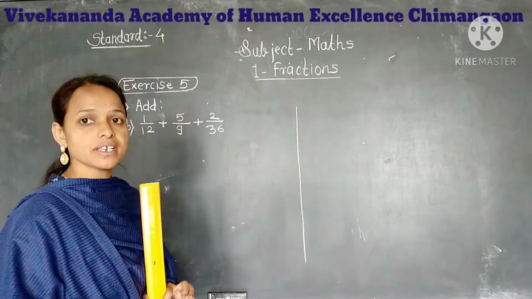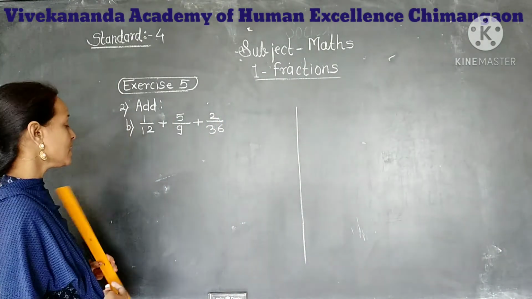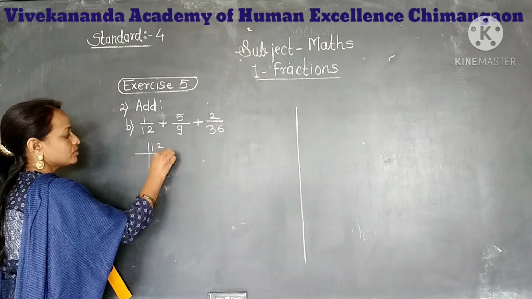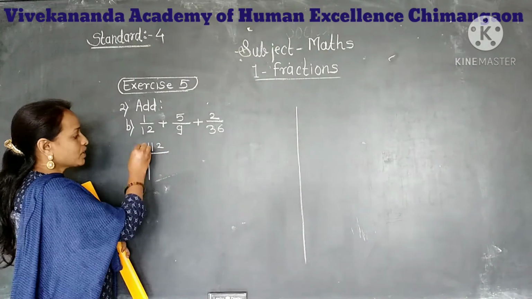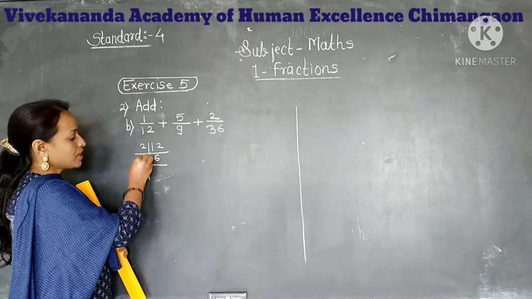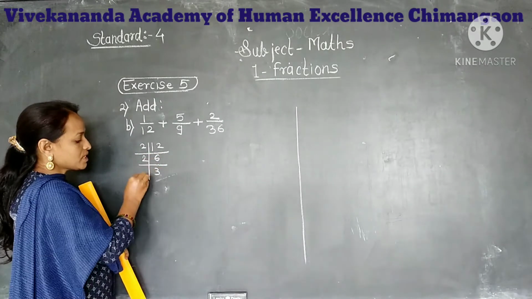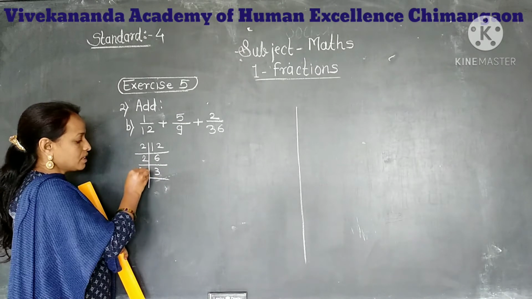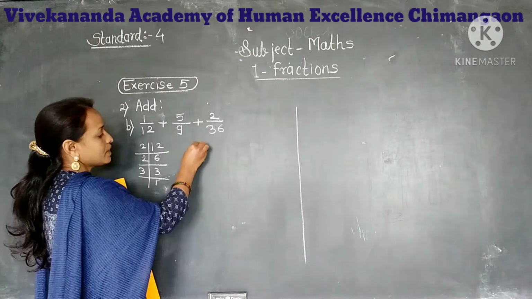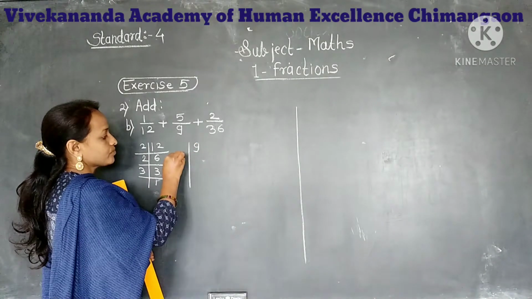So by prime factorization method we find its LCM. So prime factorization of 12. 12 is divisible by 2. 2 6s are 12. 6 is divisible by 2. 2 3s are 6. And 3 is divisible by 3. 3 1s are 3.